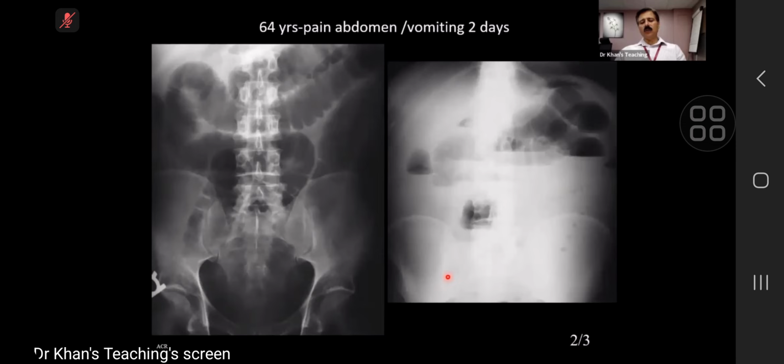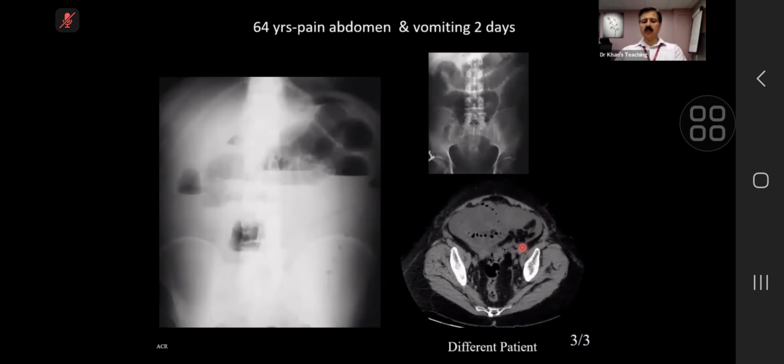Now, on an erect film, what happens is that you will get what we call fluid levels or air-fluid levels. There is a lot of literature on this, so I don't want to go into that. The only thing is that this is known as string of beads, string of pearls sign. Now, this is another patient, by the way.